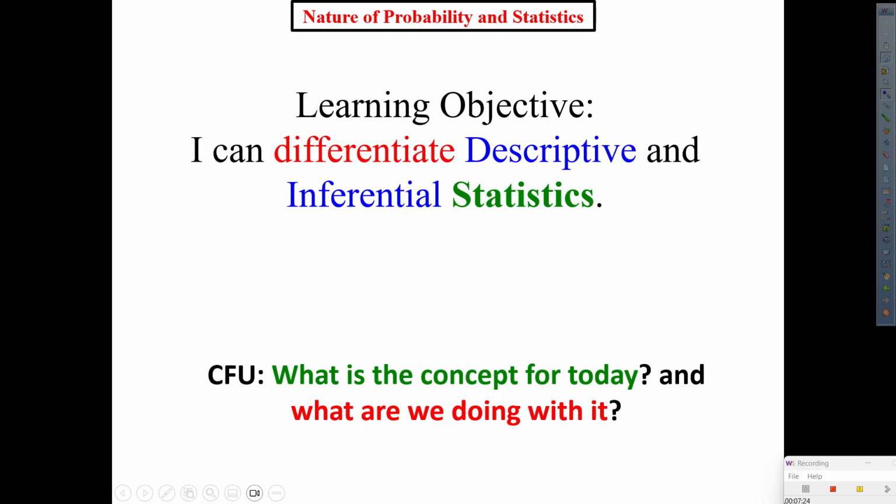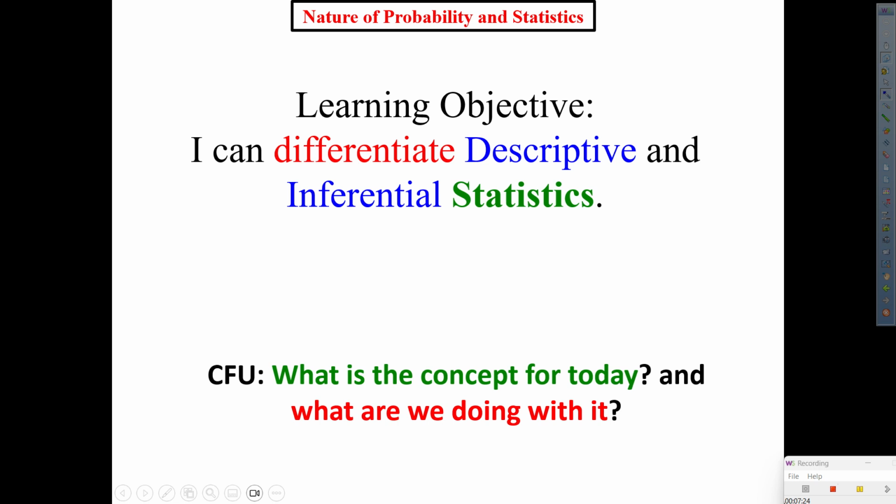Get one ready, please. And it reads, I can differentiate descriptive and inferential statistics. Well, first of all, the word statistics we've been talking about. However, today I'm going to give you a formal introduction using the Frayer model.